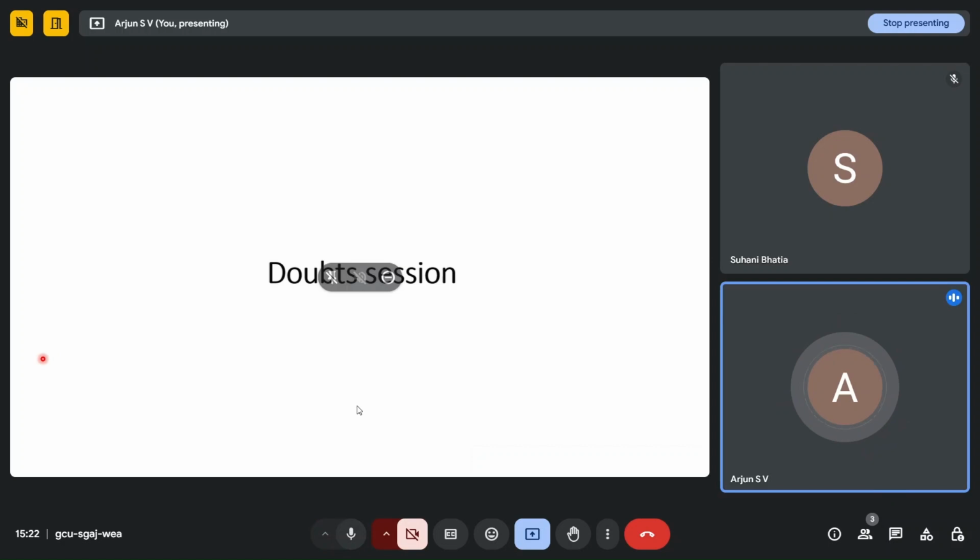If you have any doubts but can't open your mic, feel free to type your doubts in the chat box in this area.